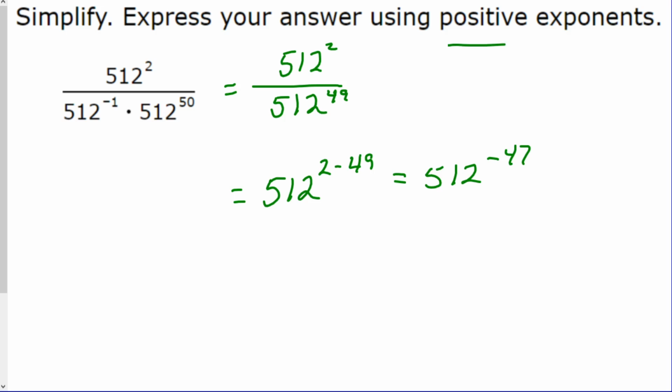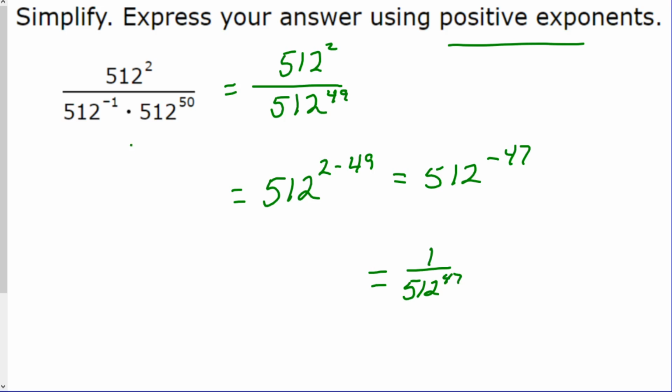And they want the answer with positive exponent. So what do I have to do? Well, remembering back to the negative exponents lesson, we flip this over. We take the reciprocal and we make the exponent positive.